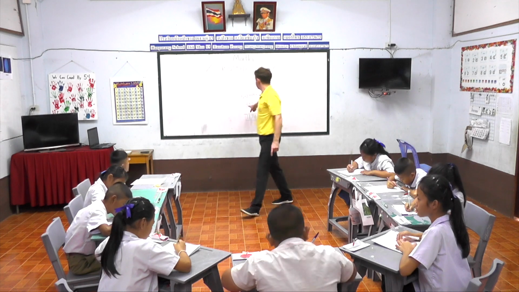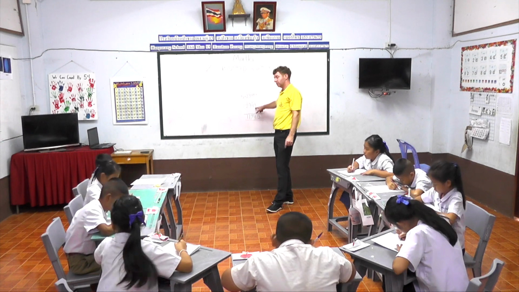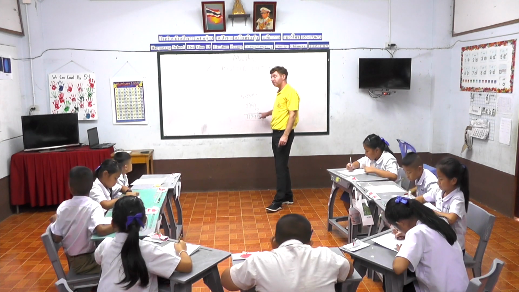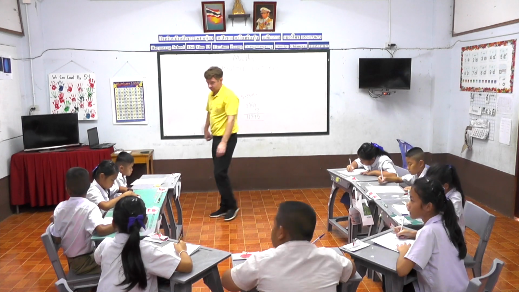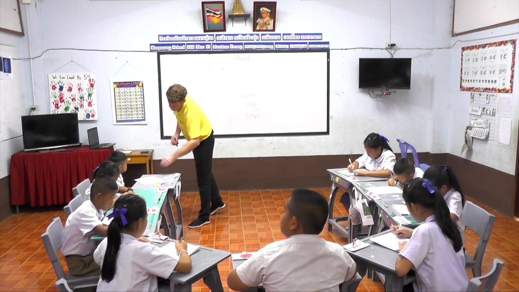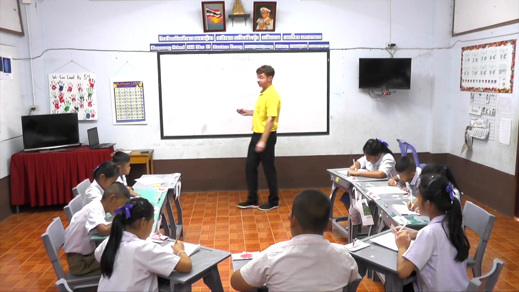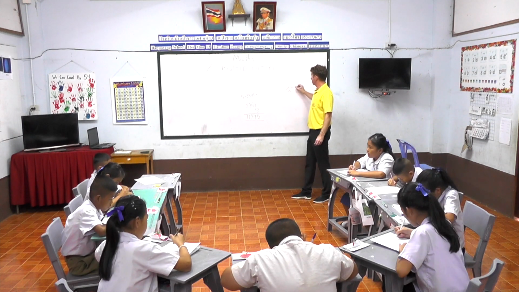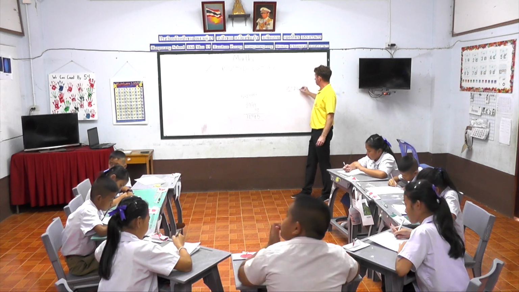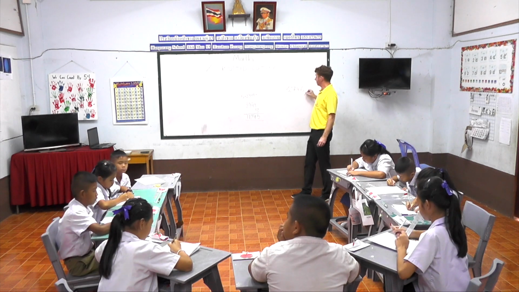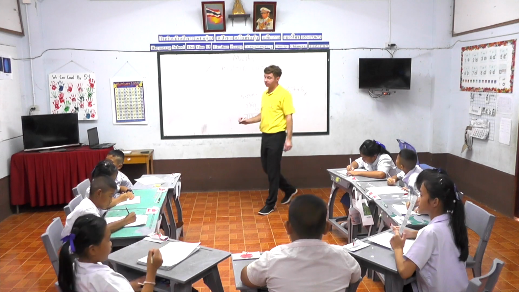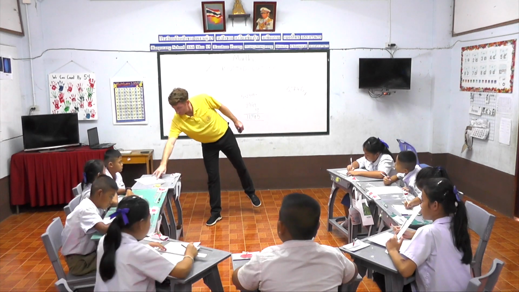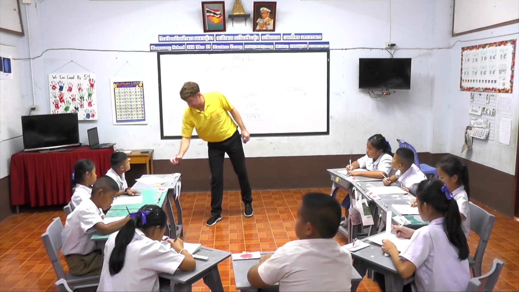You see, we have our 4-digit number multiplied by 1 digit. So what's our first one? We have 3,746. Multiplied by how many? 2? 8. Okay?